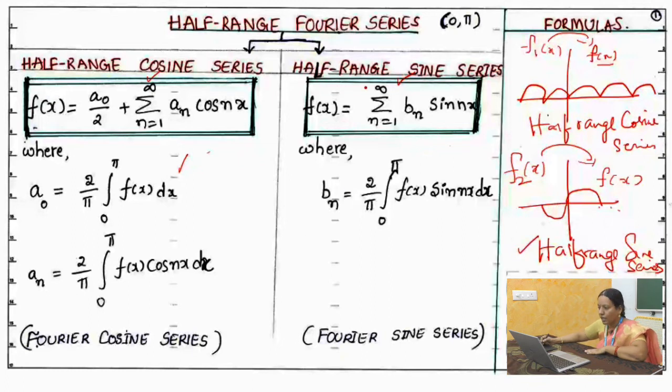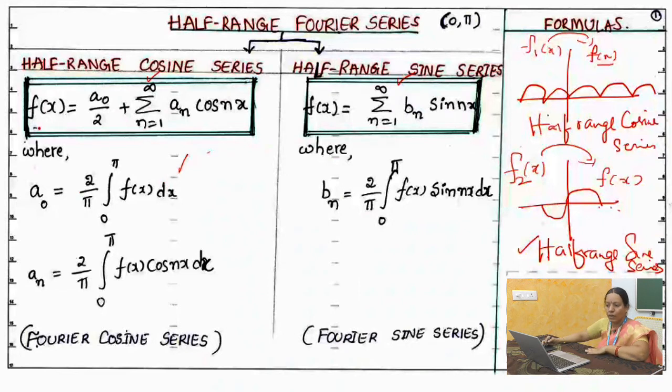The formula for the half-range sine series is f of x equal to sigma n equals 1 to infinity bn sin nx, where bn equals 2 by pi integral 0 to pi f of x sin nx dx. Similarly, for the second formula, the half-range cosine series, here you have only cosine terms.